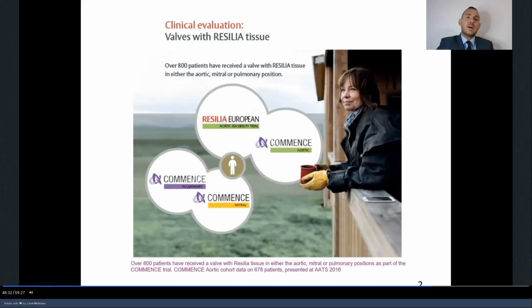Currently, over 800 patients have received the valve with resilient tissue, either in aortic, mitral, or pulmonary position.